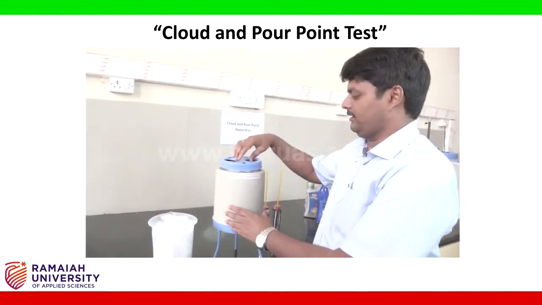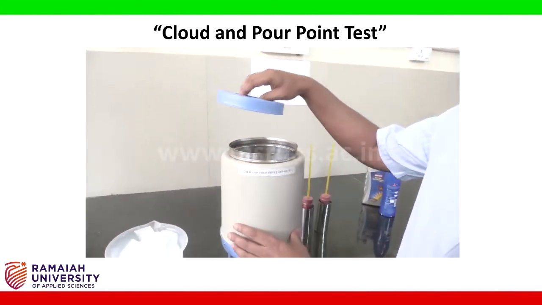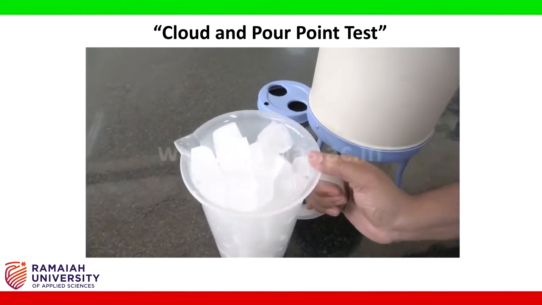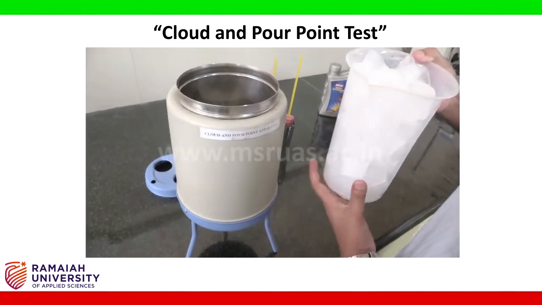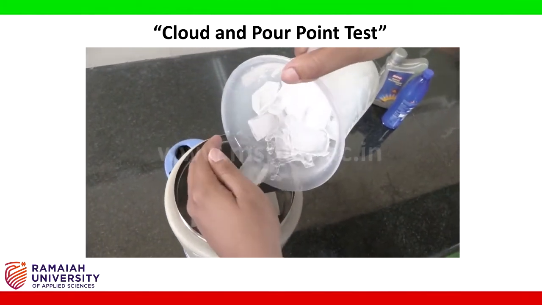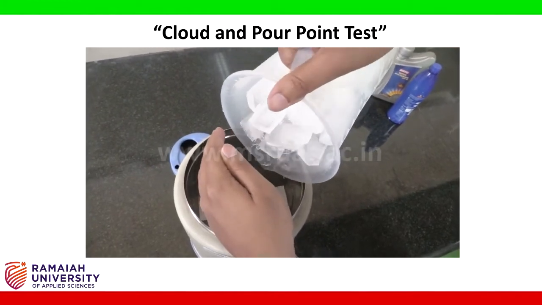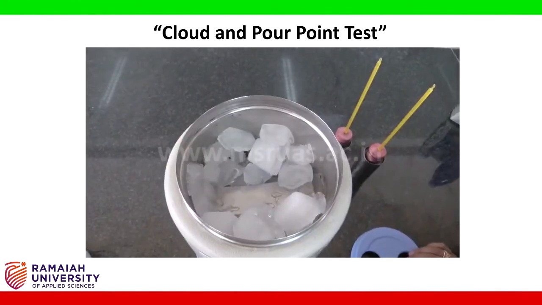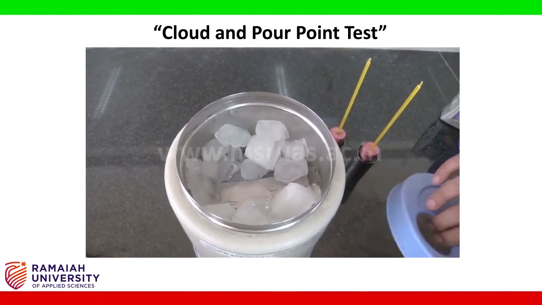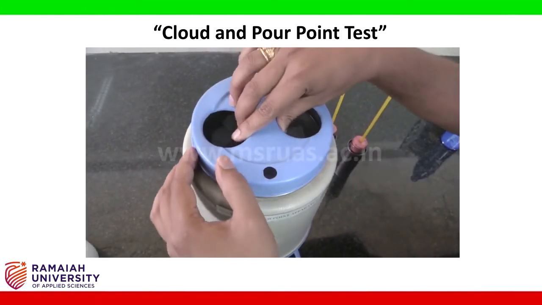Now we will prepare the ice bath. Take off the lid of the ice bath. Take ice cubes and fill it in the container. Fill the ice bath container with ice cubes. Place the lid.